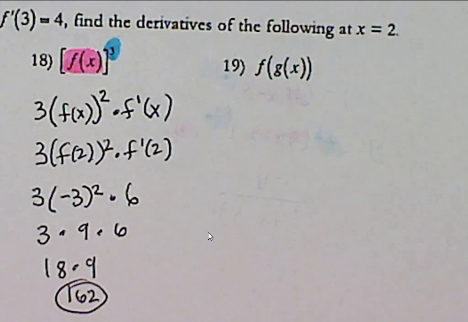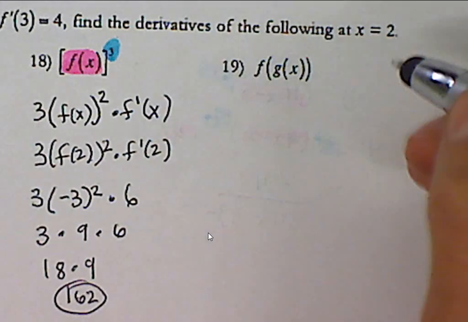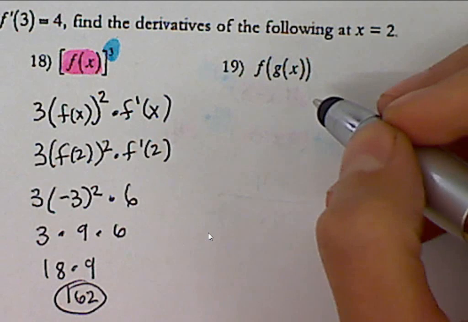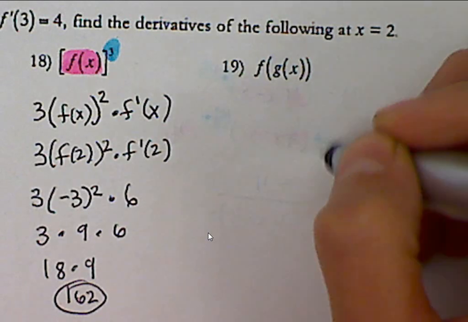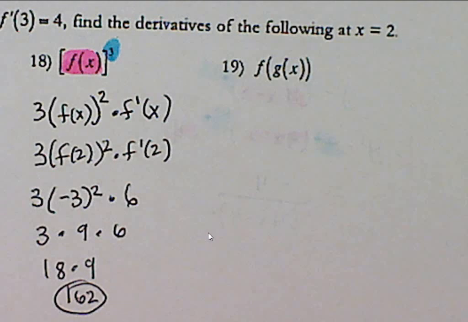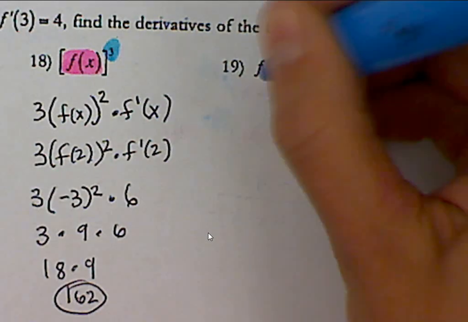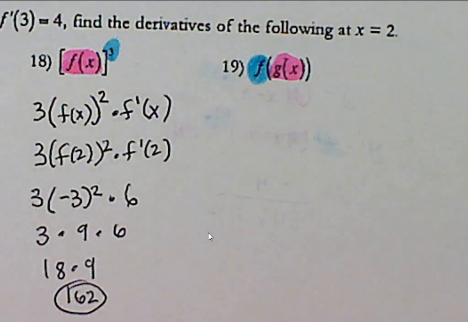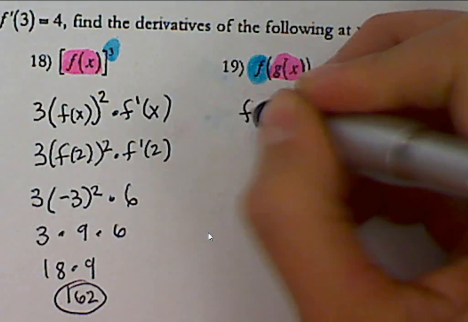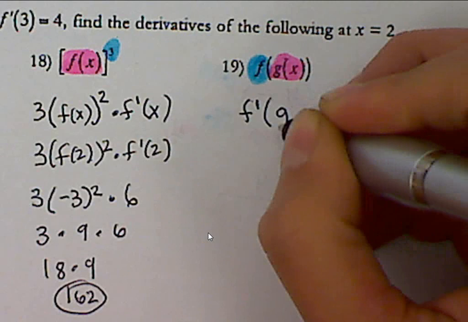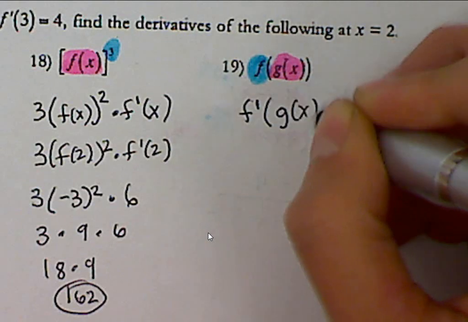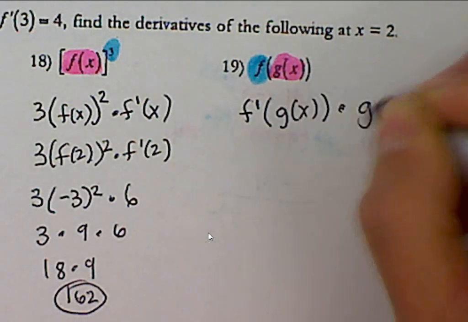So f of g of x. This is straight up the chain rule, the definition of the chain rule. So the definition of the chain rule, when I have a function in a function, so g is my inner, f is my outer, because I take the derivative on the outside, f prime, the inside stays the same, g of x, times the derivative on the inside, g prime of x.